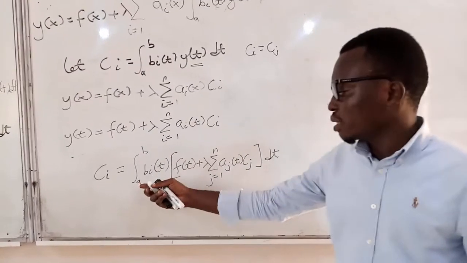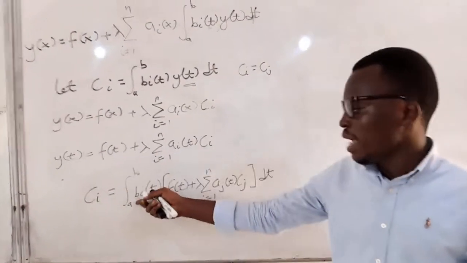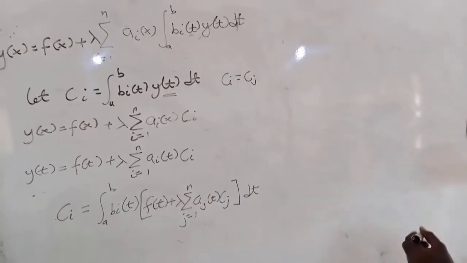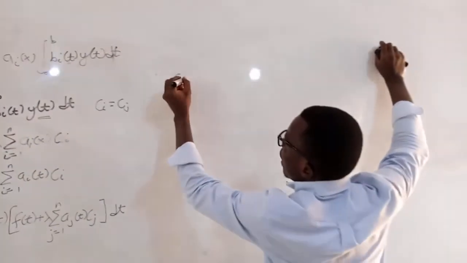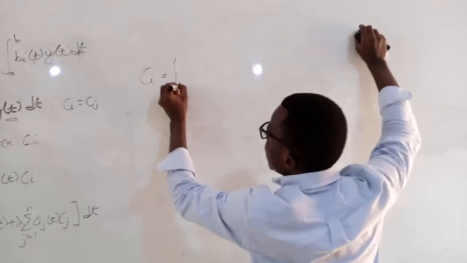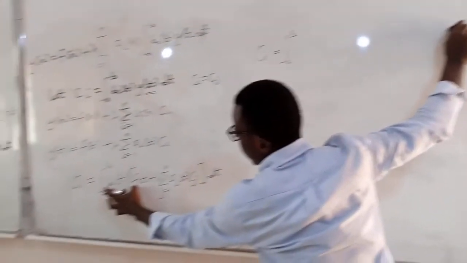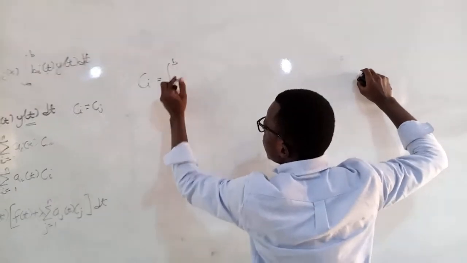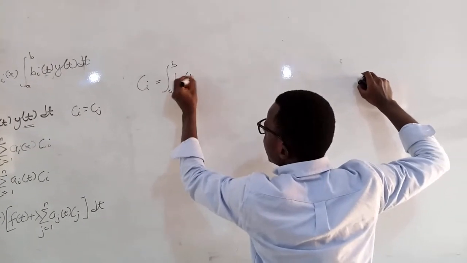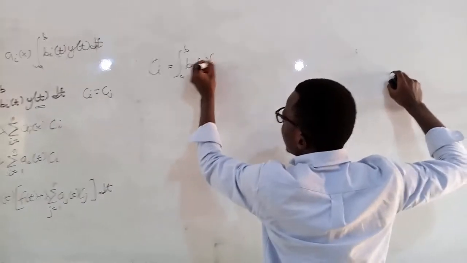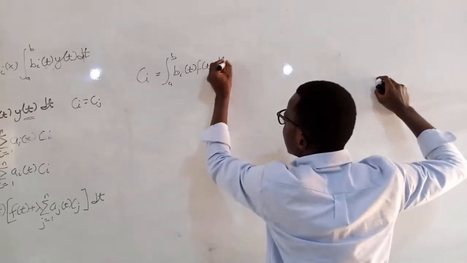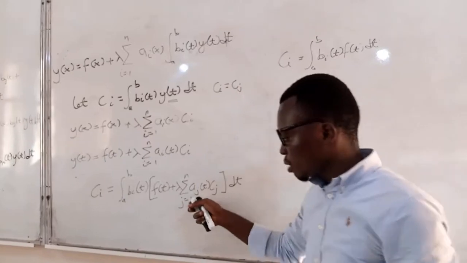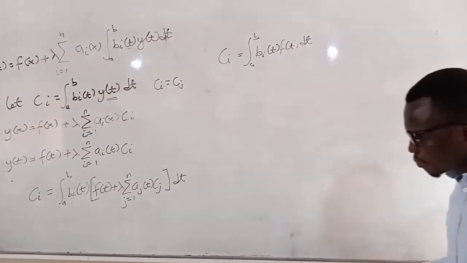Now let's open up this equation. You can easily see that this integral from a to b, bi of t, then the bracket, then dt. I'm going to have my ci to be equal to integral from a to b. The first term, which is bi of t, then f of t dt. Then the second term, bi of t times this term.